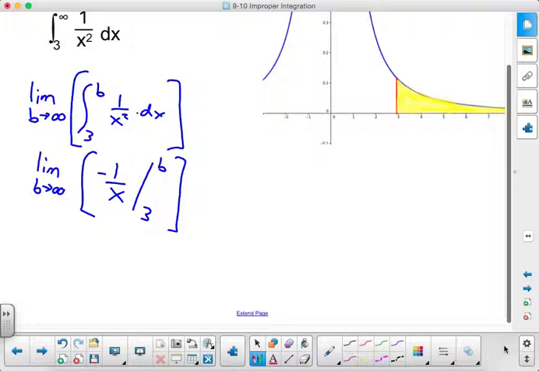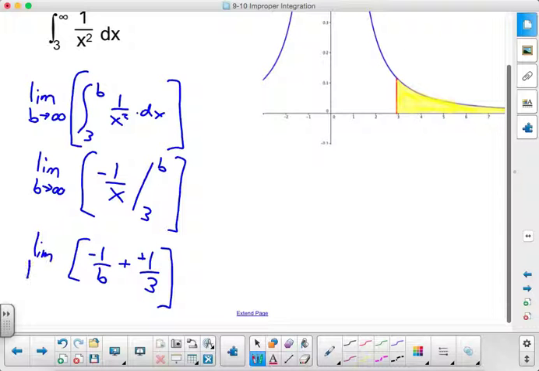So which one do I plug in first? b. So this would say negative 1 over b, and then minus the negative 1 over 3, which is going to make it positive.